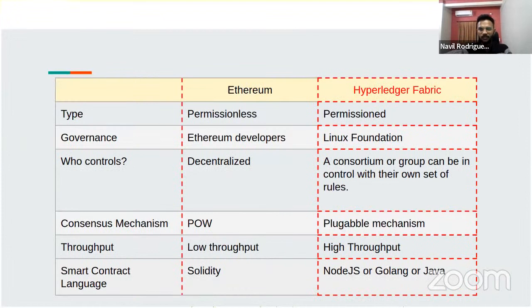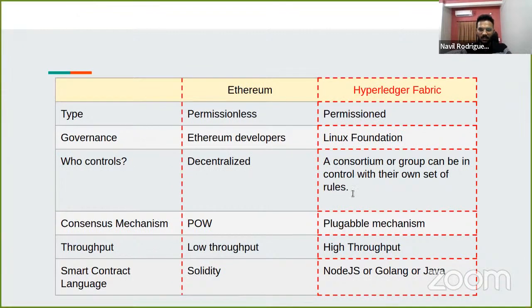Coming to a differentiation factor, the most common difference is that Ethereum is permissionless. As it is public and anyone can participate, any unknown identity can participate and contribute to the network to keep it up and running.